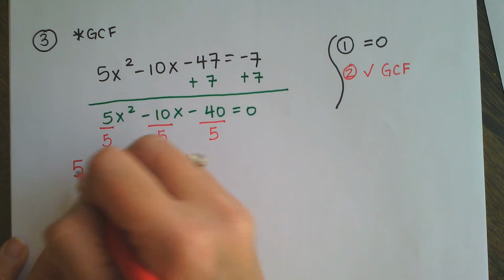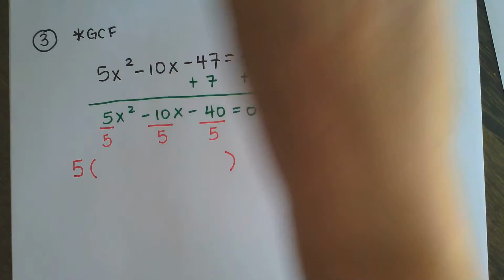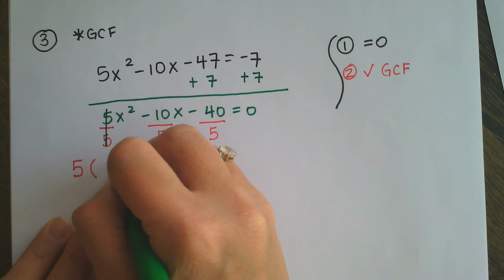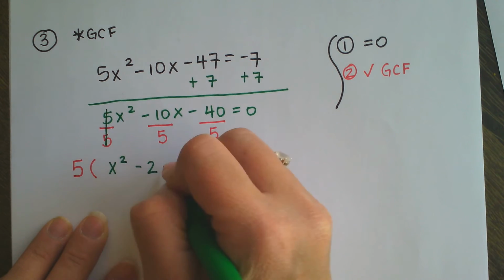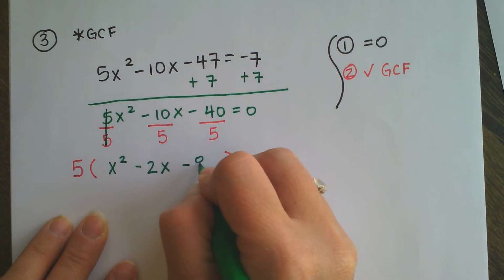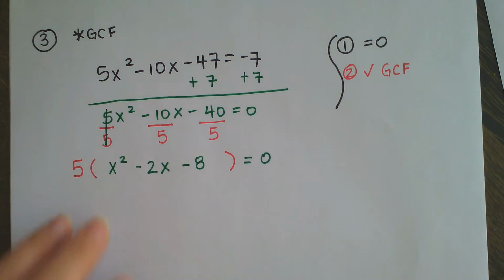It's going to sit in the front of a set of parentheses. This becomes 1x squared. Negative 10 divided by 5 is negative 2x. Negative 40 divided by 5 is negative 8. This is still set equal to 0.